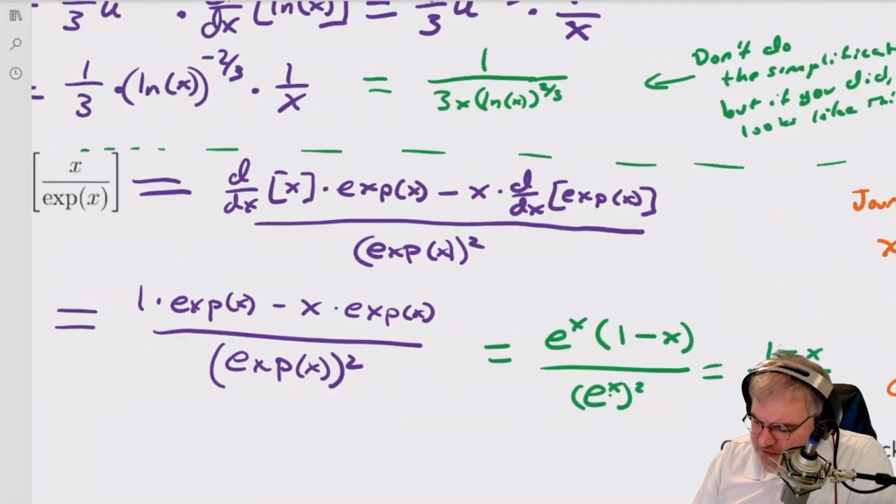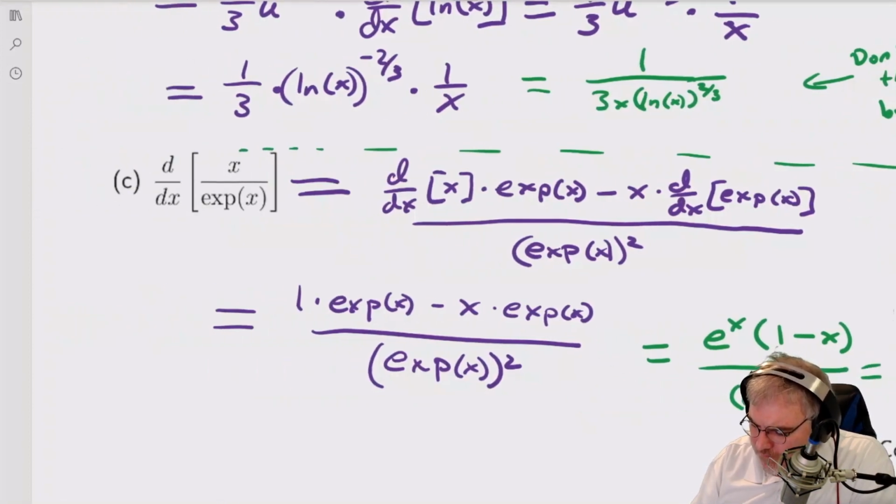Well, the quotient rule says the derivative with respect to x of x times the derivative of the top times the bottom minus the top times the derivative of the bottom over the bottom squared. So I write it out using the quotient rule. I'll actually write quotient on the top. Now, I've got exp of x, so I get 1 times exp of x minus x times exp of x all over exp of x squared.